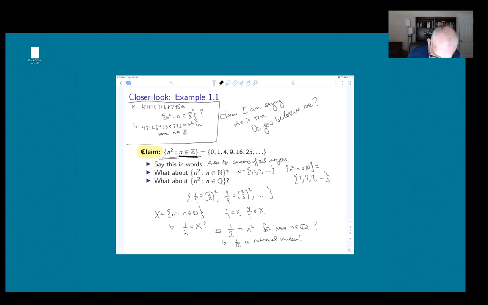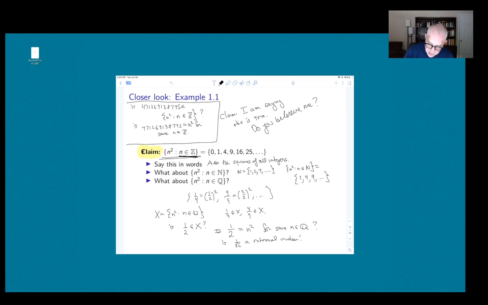In other words, is this a perfect square? I suspect it's not, and if you use your calculator, you can probably decide if it is or it isn't. But again, I want to indicate that there's a lot of implied thought in a statement like the set of n squared for which n is in Z.